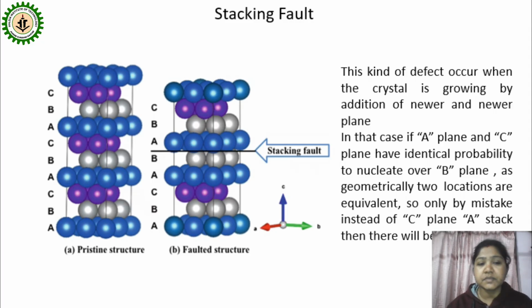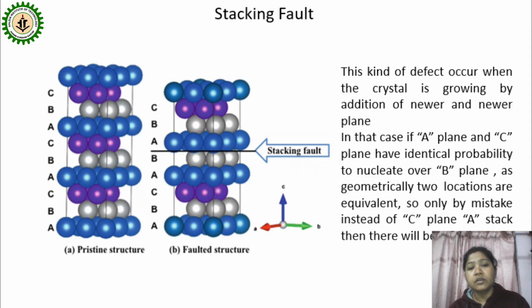This is the perfect CCP structure, shown in picture A. But what happens if there is a tendency of A to sit on B or C? The B and C planes are equivalent, with some properties the same, so A will get confused about which it can sit on.